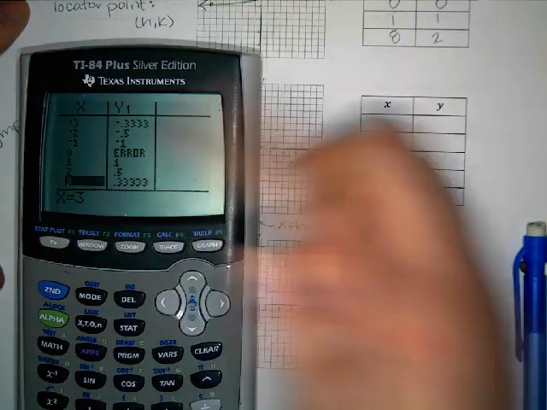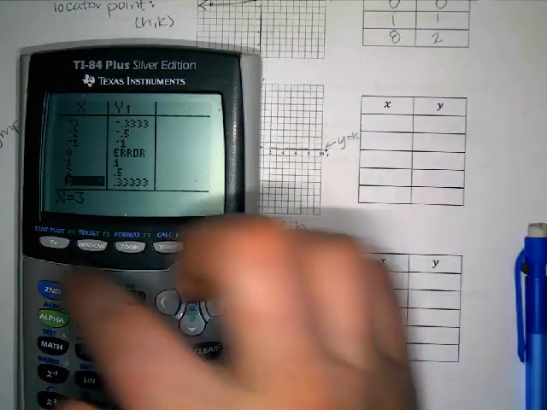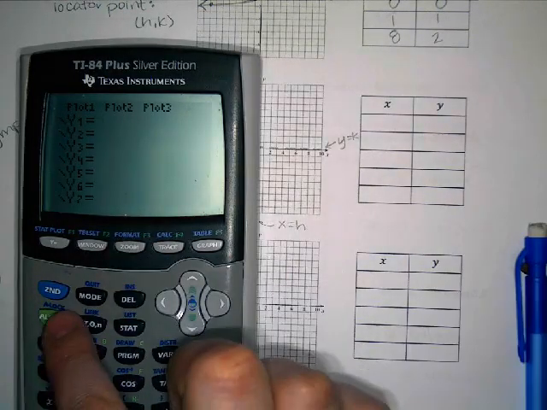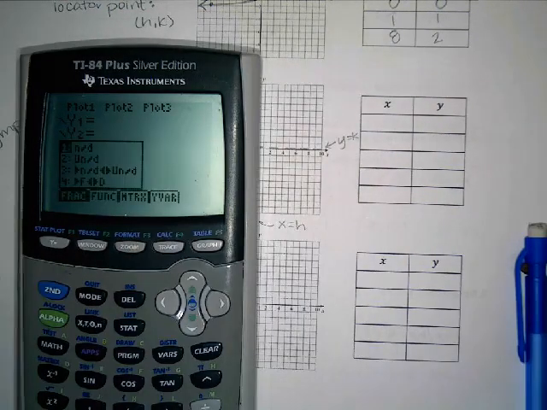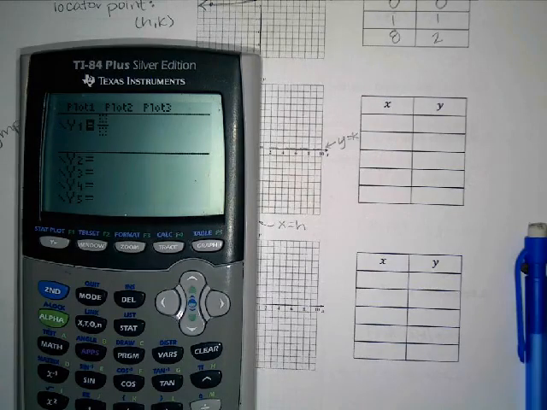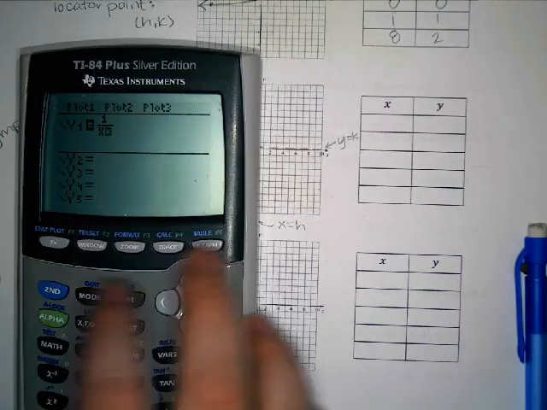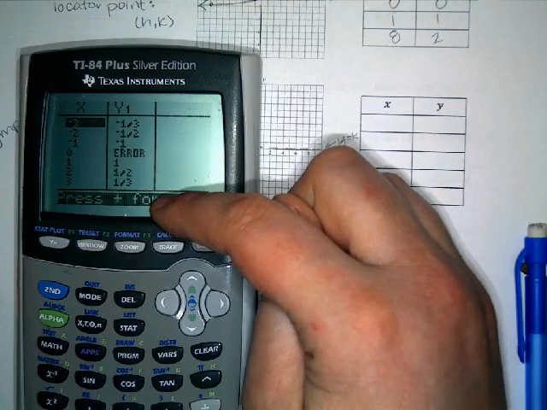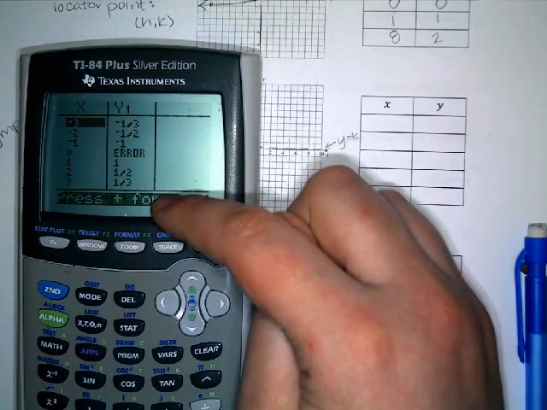Now, if you graph it as a fraction, you can do alpha y equals and graph it as 1 over x. And now if you hit second graph, what happened to your table? It's fractions. So if you plug a function in as a fraction, your values are going to be in fractions.